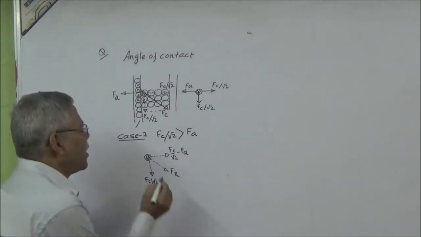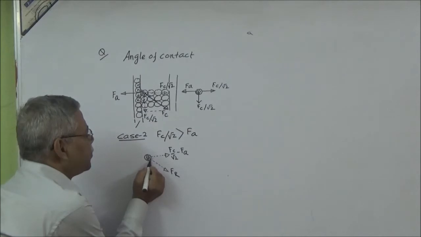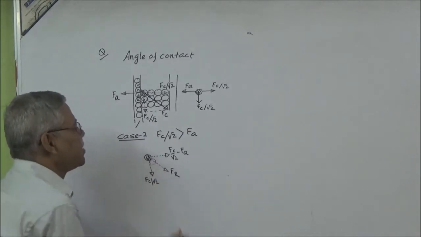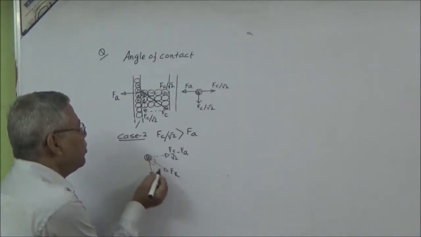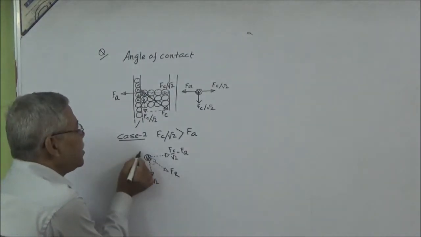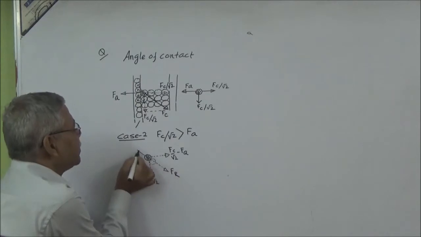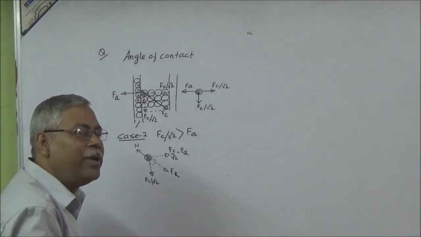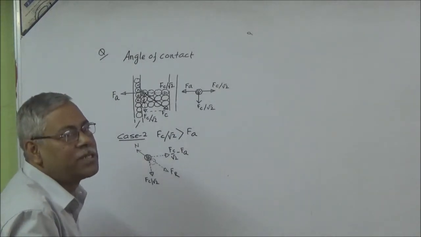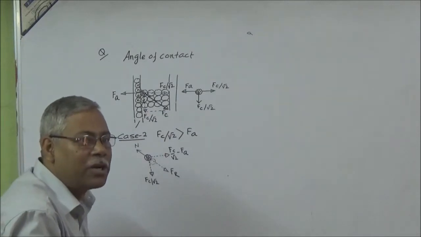Okay. Now consider a molecule just below this and in the line of the resultant force. In order to balance this, this molecule will exert a normal force in this direction. And we know that a normal force is always perpendicular to the surface.